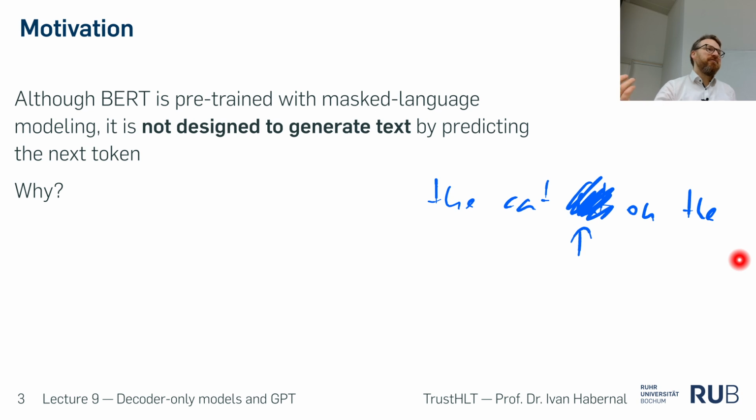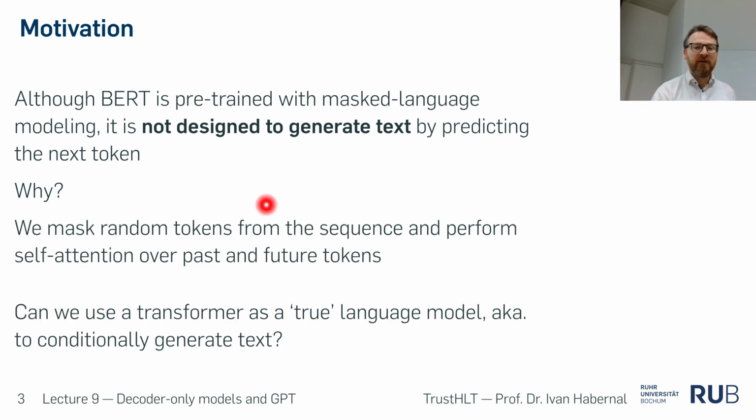If you're trying to generate the next token, if you remember language models, you look at the past tokens and try to predict the next one. This is conceptually a different thing, because now we're looking into the future and the past. The self-attention goes through all the context and tries to reconstruct the word.